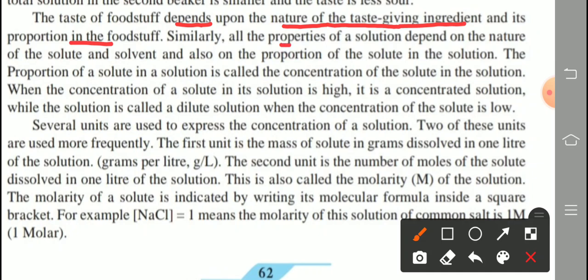Similarly, all the properties of a solution depend on the nature of the solute and solvent, and also on the proportion of the solute in the solution. Very important. Clear? All the properties of a solution depend on two factors. Which are those two factors? The first is the nature of the solute and solvent, and the second is the proportion of the solute in the solution. Clear, all of you?